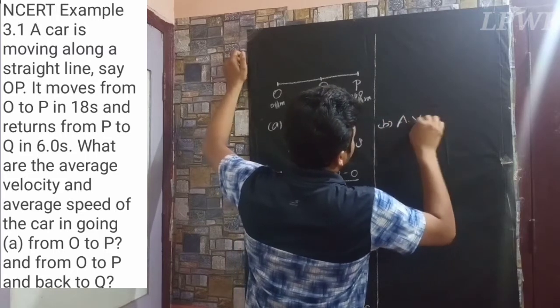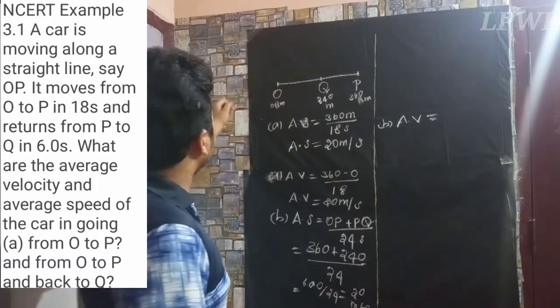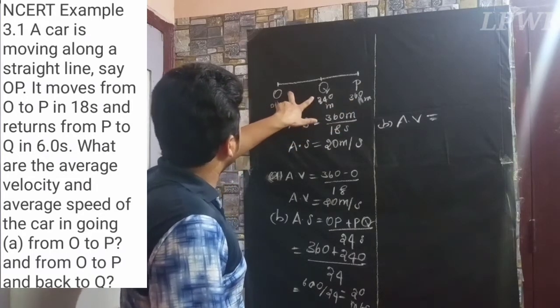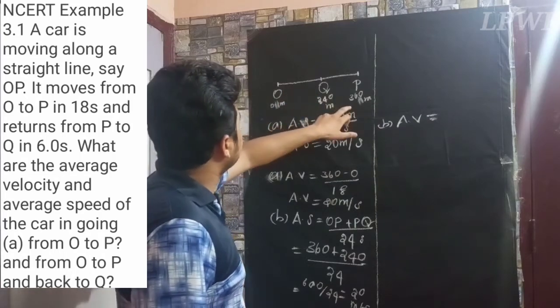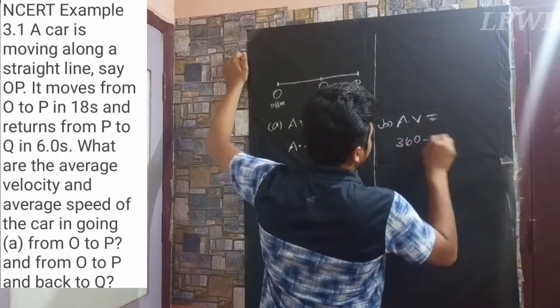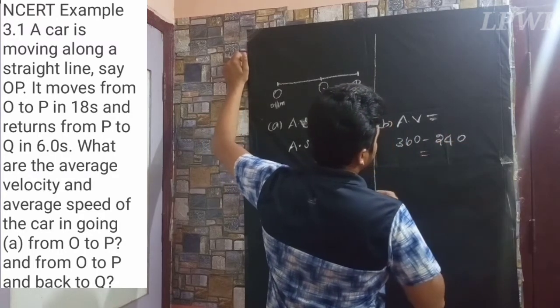Average velocity. So now what we want to do, we need to find both P and Q, so that 360 minus 240, what will be the answer? 360 minus 240 will be 120.